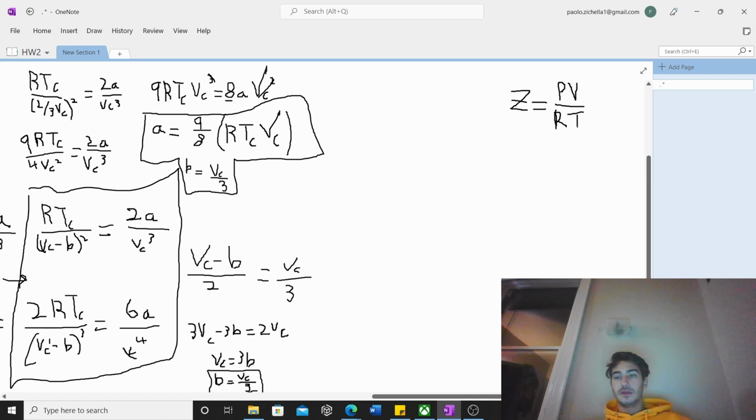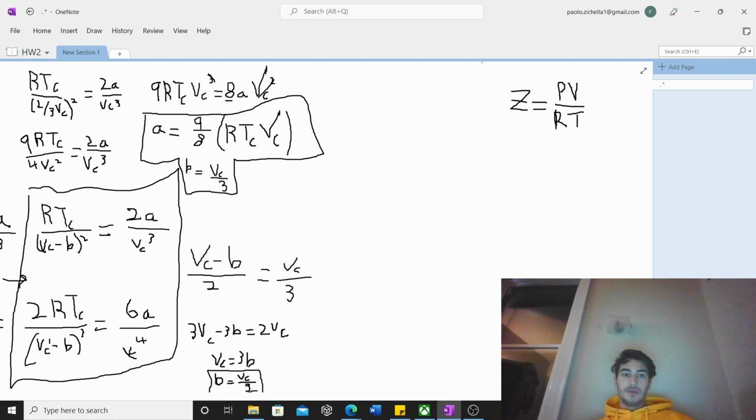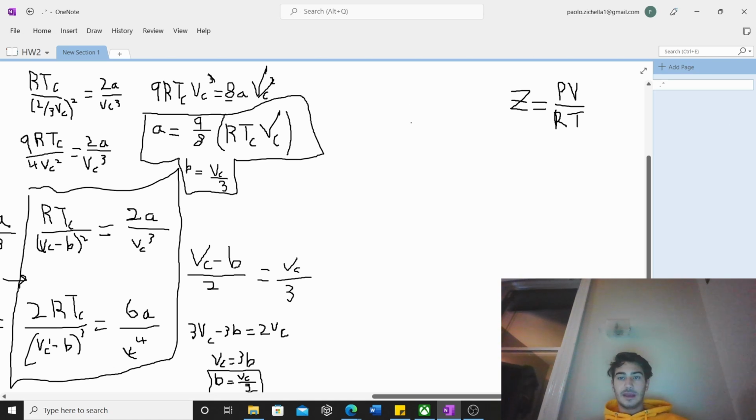And we know for an ideal gas law, that this specific Z value is equal to 1, right? But not in this, because we're not dealing with ideal gases. So the idea here is to plug in the A and B values back into the equations so that we can solve for Z, right? So that's what I'm going to go ahead and do.